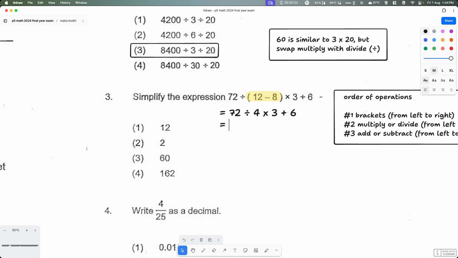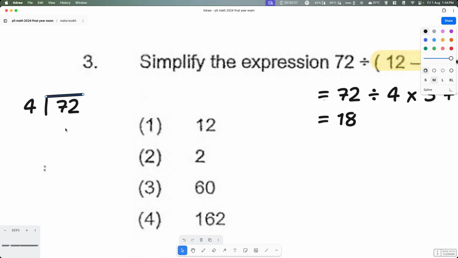When you see divide and times, you do from left to right. So what is 72 divided by 4? This should be 36. No, it's not 36, it's 18. If I were to do the workings, we have 4.